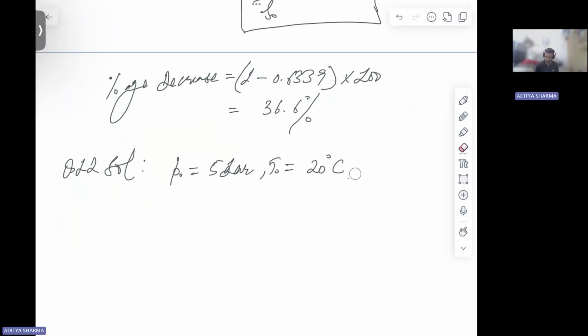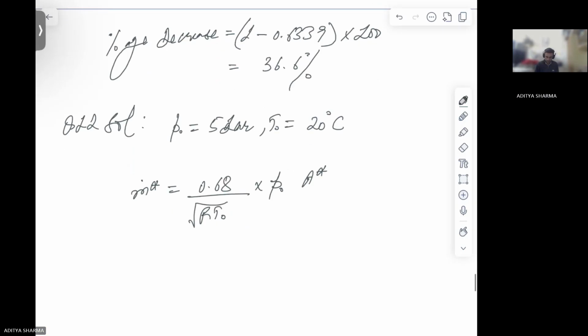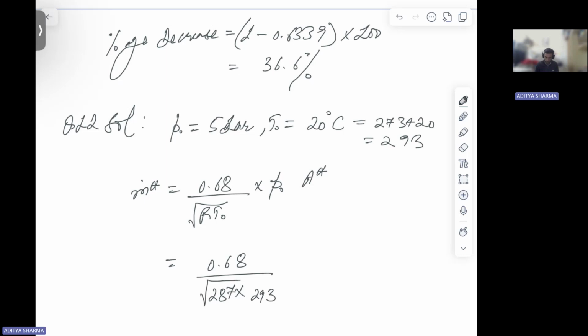So this should suffice, I believe. Your mass flow rate is 0.68 by RT naught into P naught into area. So this is 0.68 divided by 287 into, 273 plus 20 equals 293, so root 293.